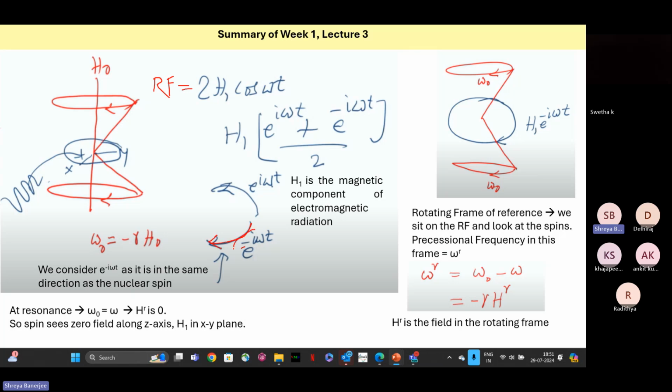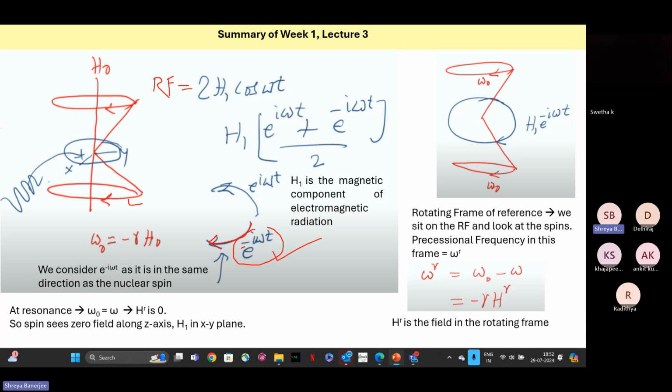So we will only consider this component because we have already discussed that the Larmor precession happens along the clockwise direction. If we have radio frequency of both clockwise and anti-clockwise direction, that particular radio frequency will affect the nucleus which has the same direction as the Larmor frequency, which is clockwise.